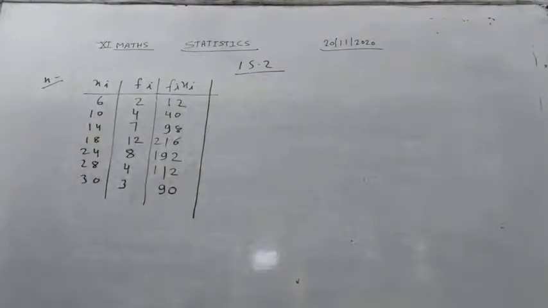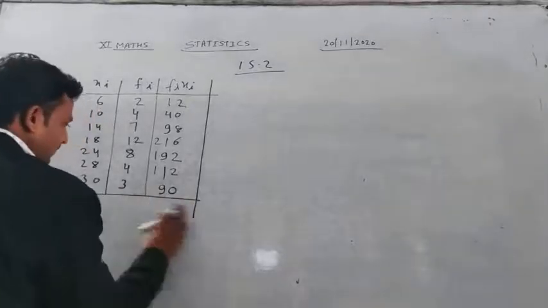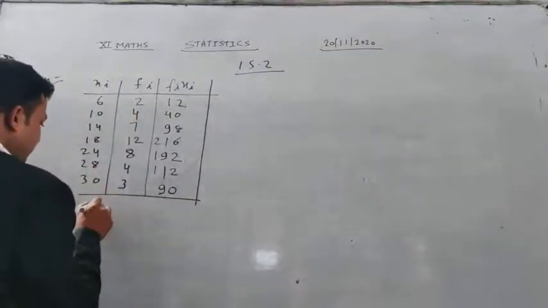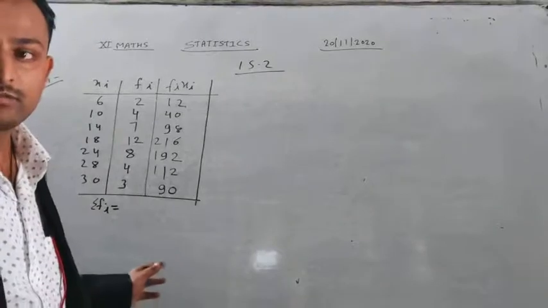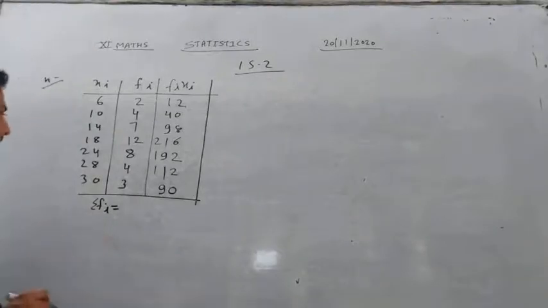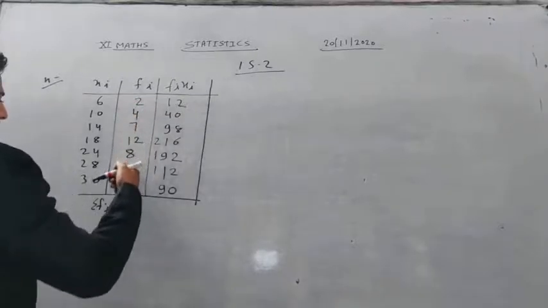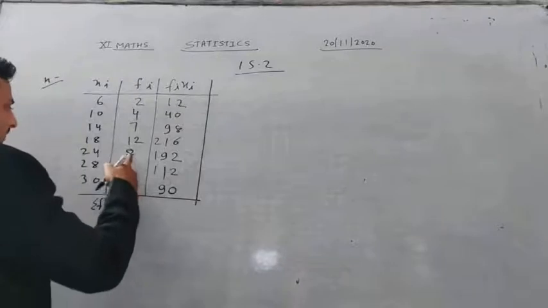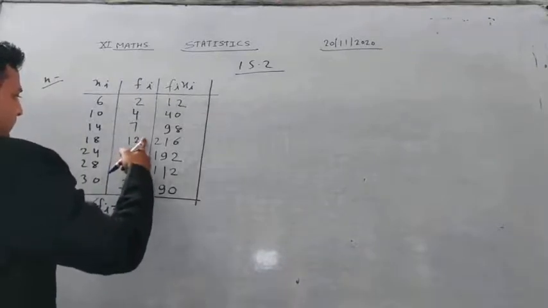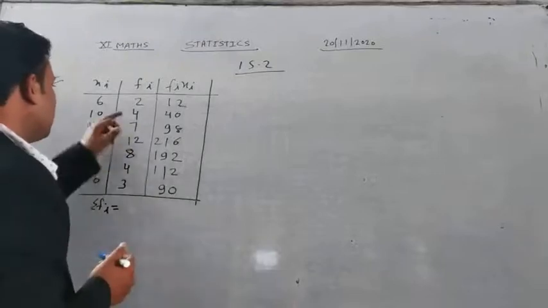Now, what we will find? We will find our mean. So our frequency is summation fi. 2, 4, 7, 12, 8, 4, 3. So add this: 3 4 7, 7 8 15, 15 12 27, 27 and 7 34, 38, 40.